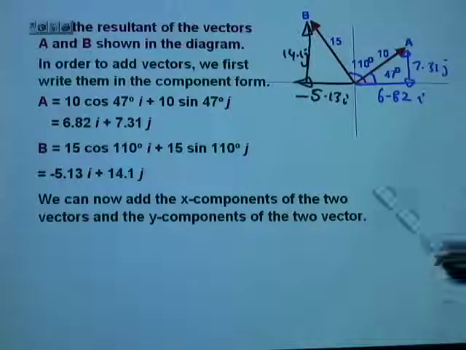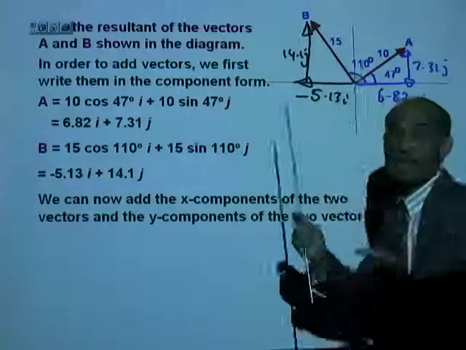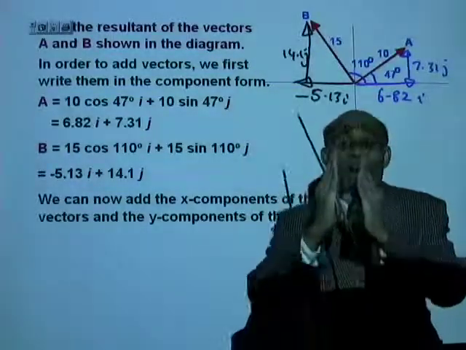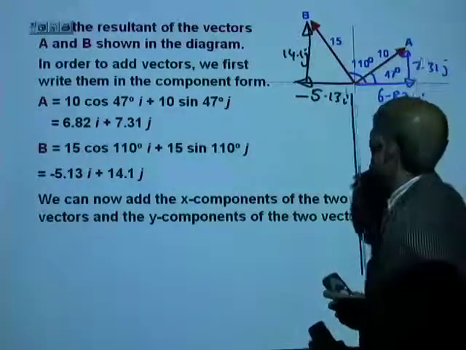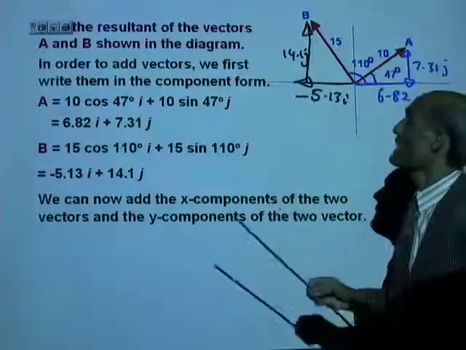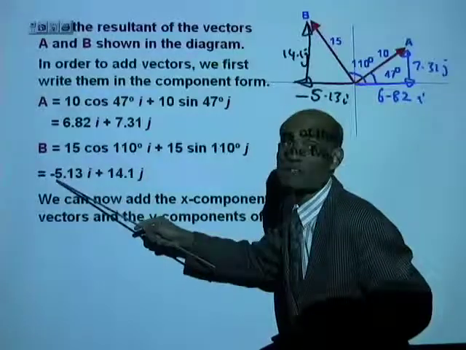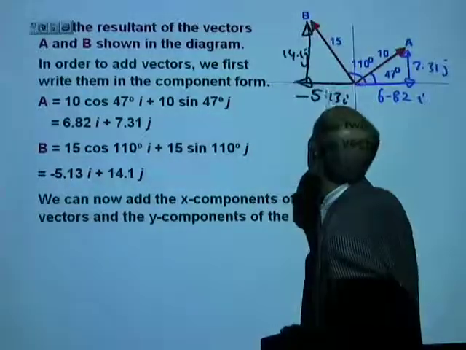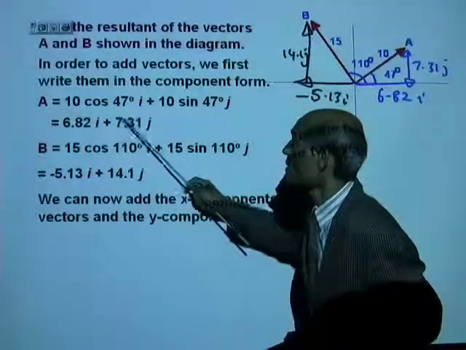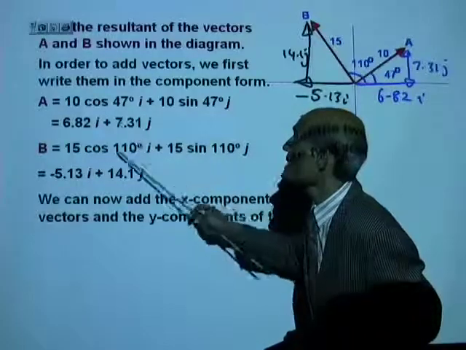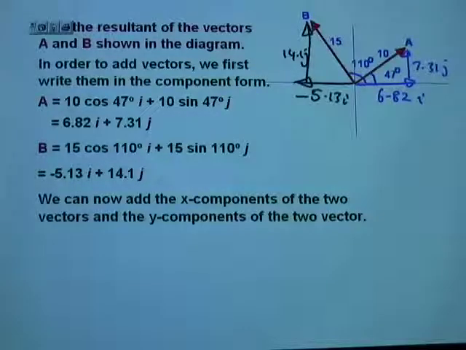So, you can now add the x-components together and the y-components together. So the y components can be added and the x components can be added. You can see 6.82i can be added to negative 5.13i. What would be the result? It will be a small positive vector. Similarly, 7.31j can be added to 14.1j. Alright, let's do that.